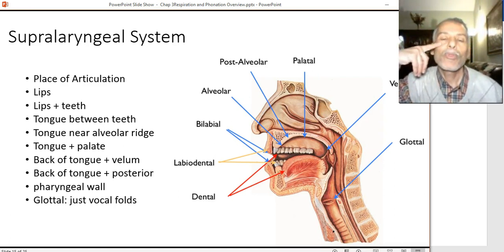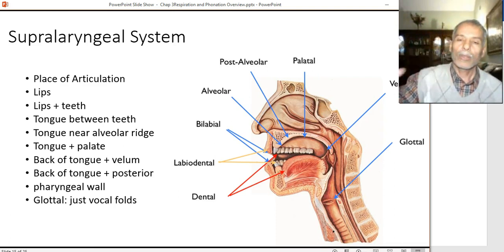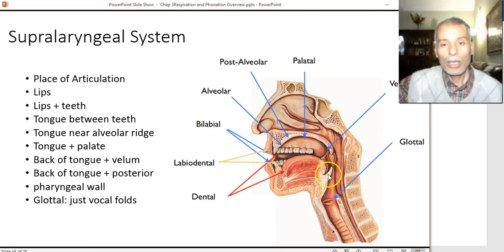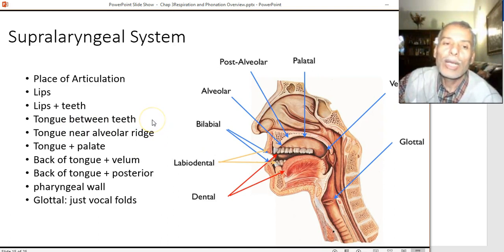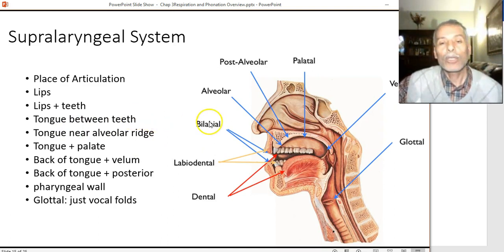That means you have both vocal fold vibration and noise from the oral cavity or somewhere along the vocal tract. So we look at place of articulation, and we are going to understand why certain groups of sounds are named the way that they are named.